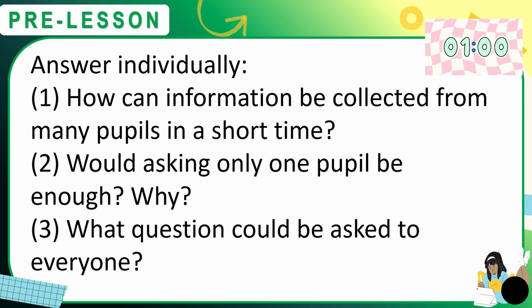A survey should include several pupils to obtain more reliable, balanced, and accurate results. Question number three. What question should be asked to everyone? A good survey question that could be asked to all grade 6 pupils is, which activities would you most enjoy doing next month?